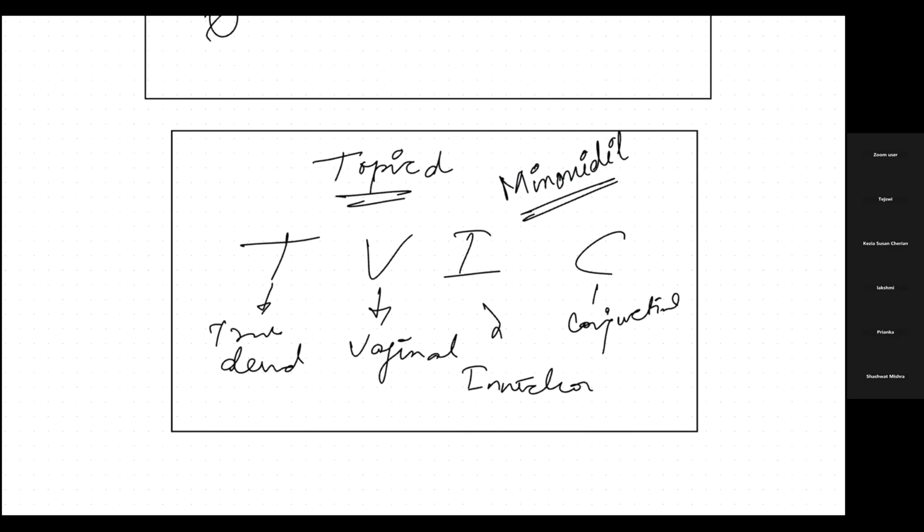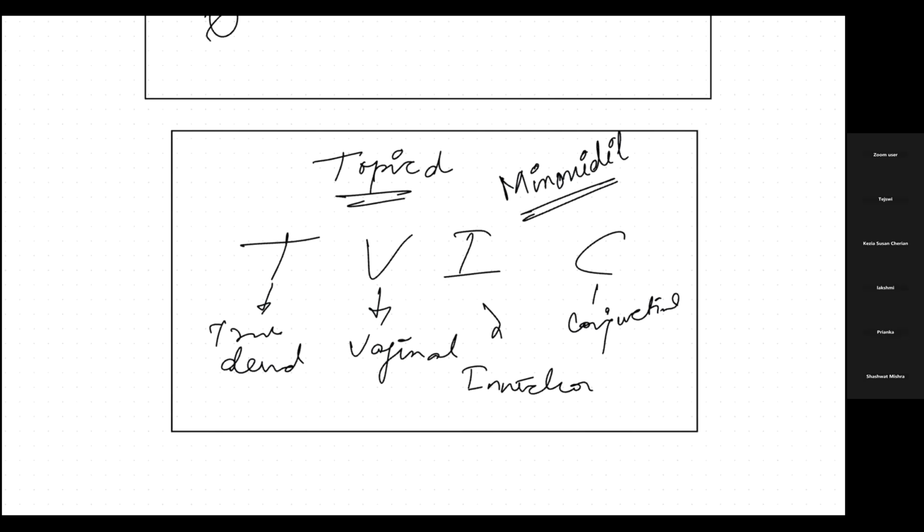Parenteral is anything without entering the GIT: intravenous, intra-arterial, subcutaneous, intramuscular, intraperitoneal, intrathecal, intramedullary, intra-articular, epidural, and of course inhalation.